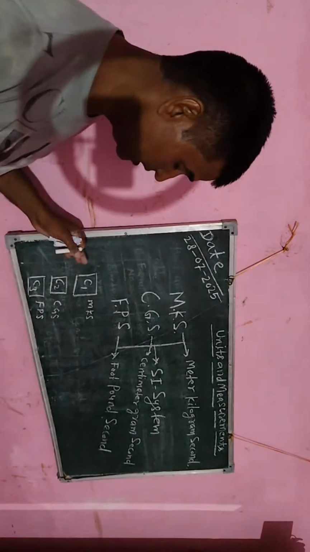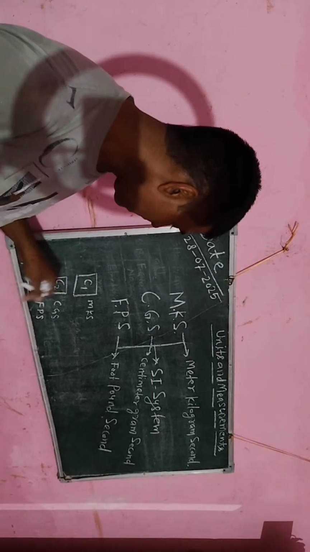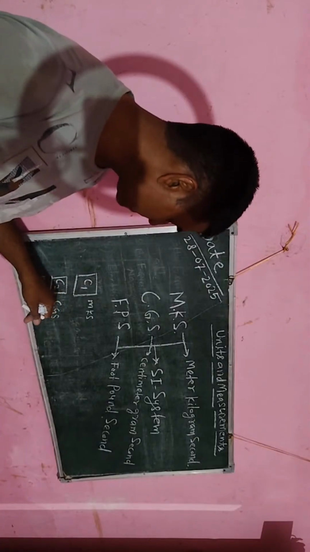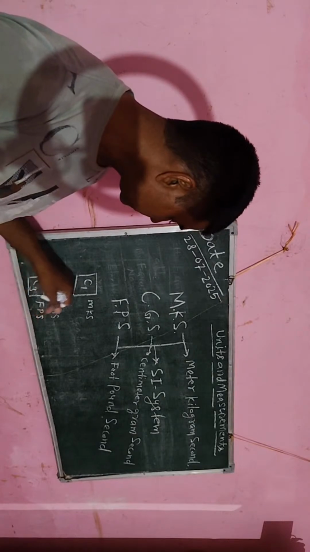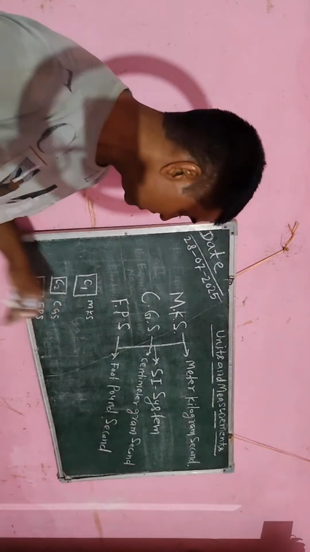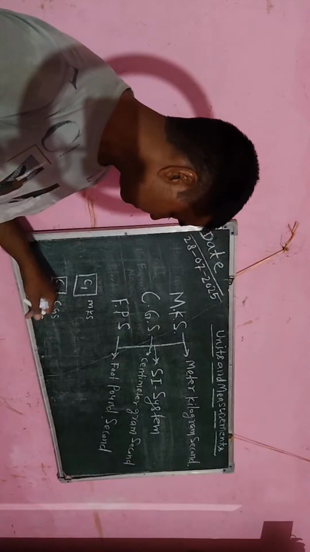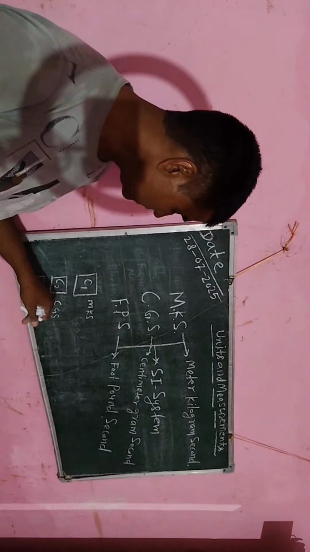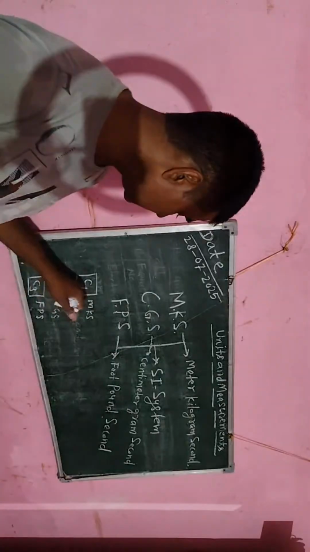So if any data goes from country C1 to C2 or C1 to C3, the people will not understand it, because all data is written in MKS form, but people living in country C2 only know the concept of the CGS system. So there is a problem for understanding the data.